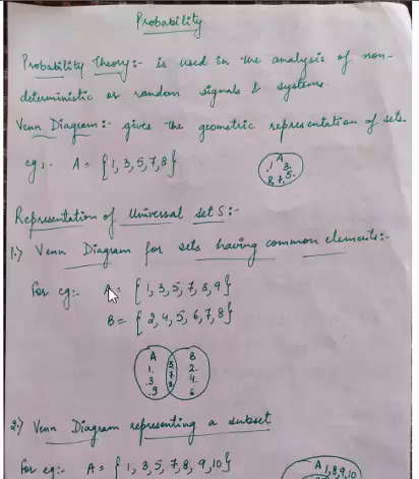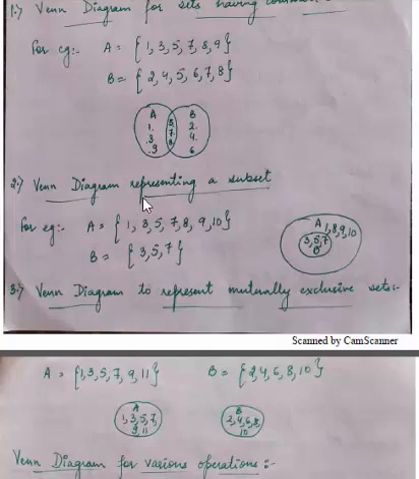Now first is set A having values 1, 3, 5, 7, 8 and 9. Set B contains 2, 4, 5, 6, 7, 8. But in these two sets, 5, 7, 8 are common elements. Next is Venn diagram representing a subset.